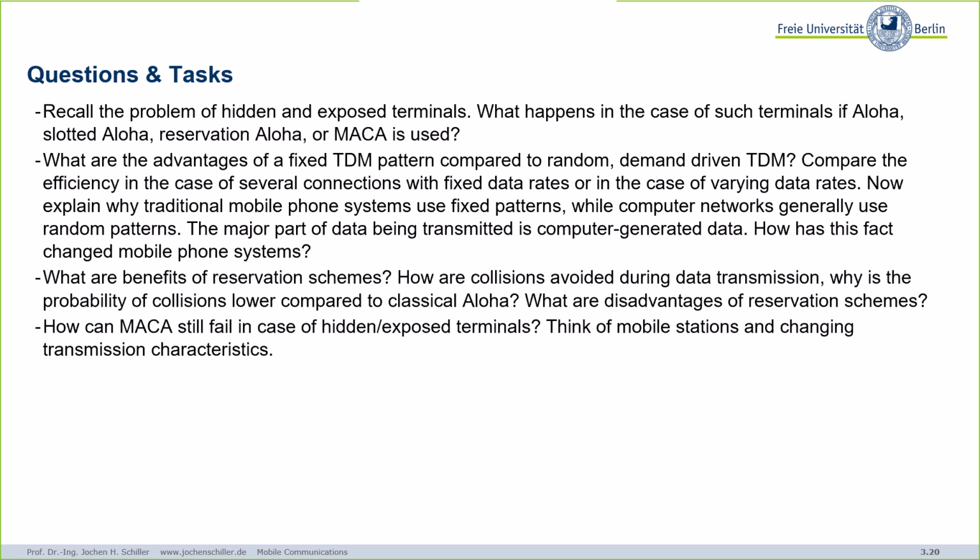So, just access it. And this is exactly Aloha. Or who else is using Aloha? Discussions among humans. Well, it's silent, I start talking. So that's Aloha.